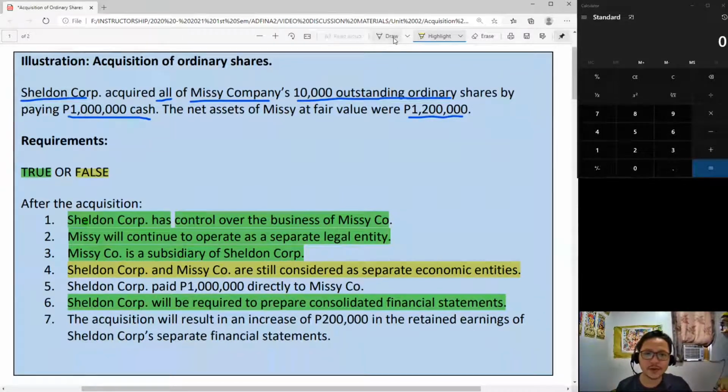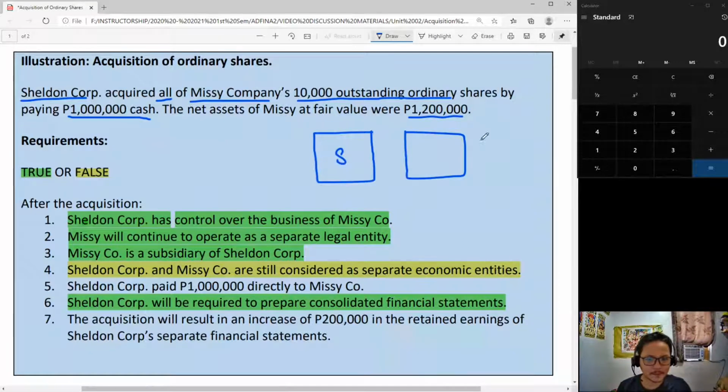So if I am going to do a makeshift illustration, let's say this is Sheldon Company and this is Missy Company. The 1 million payment does not go to Missy. Okay? Rather, the 1 million payment will go to the shareholders that are currently Missy's owners.